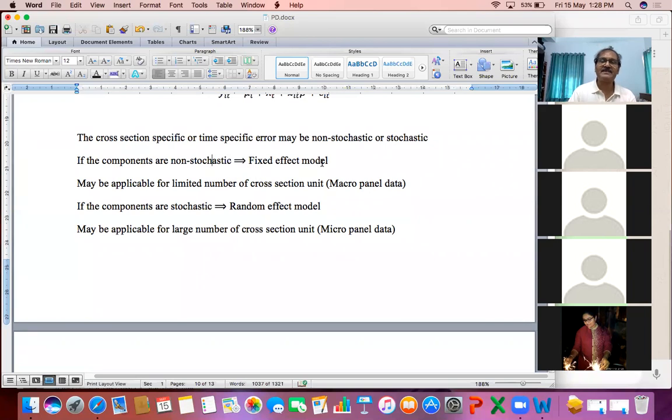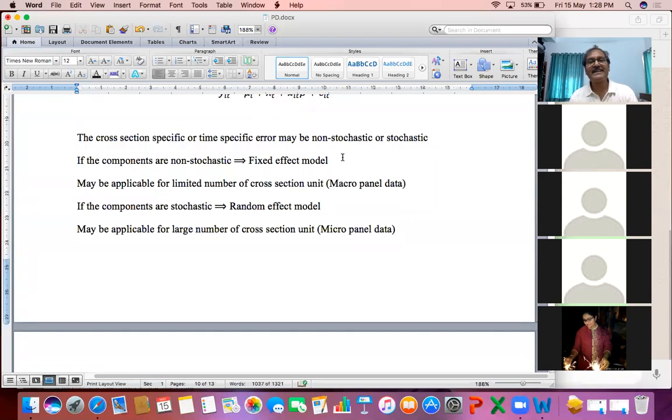Fixed effect means the cross-section units are different because of the presence of mu i, but mu i is non-random. We are considering the level of intelligence as mu i. So the level of intelligence may vary across the cross-section unit in a random way or in a non-random way.